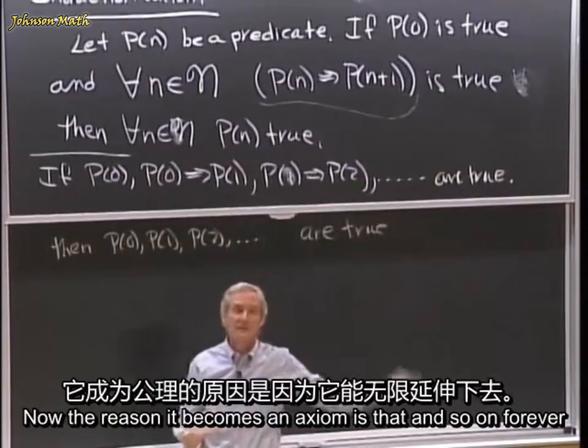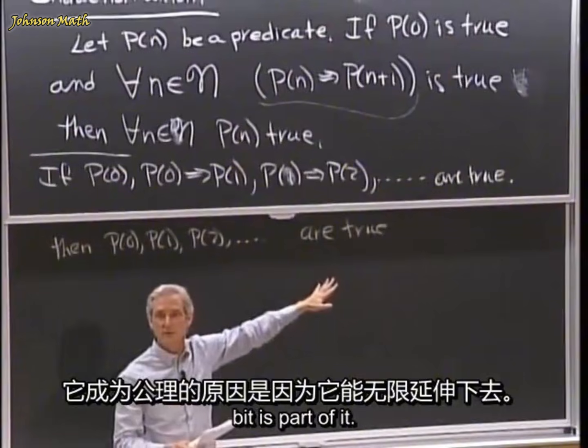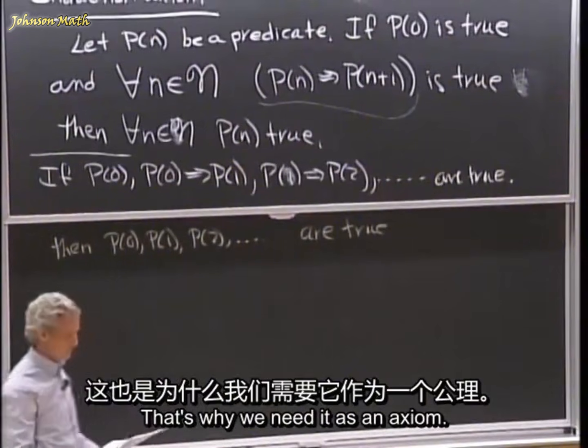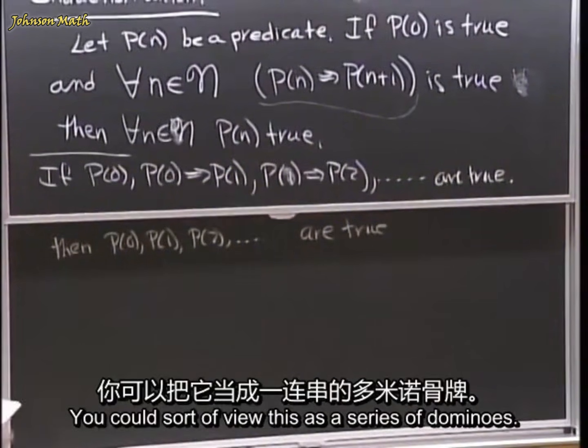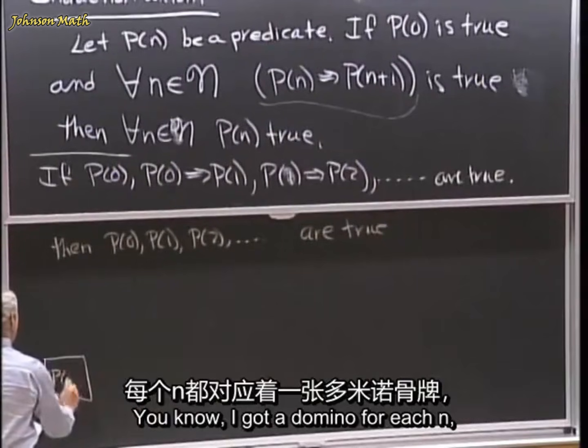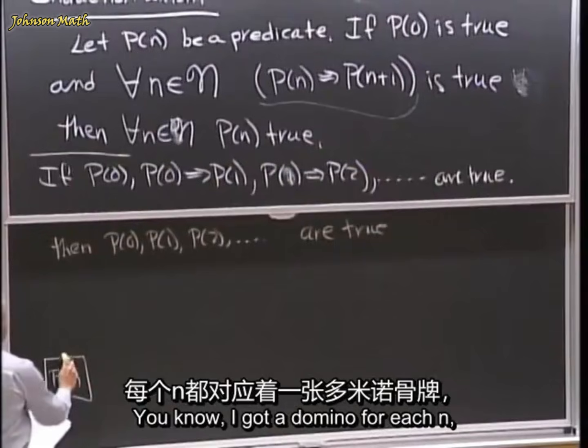Now, the reason it becomes an axiom is that and so on forever part of it. That's why we need it as an axiom. You can sort of view this as a series of dominoes. You know, I got a domino for each n.